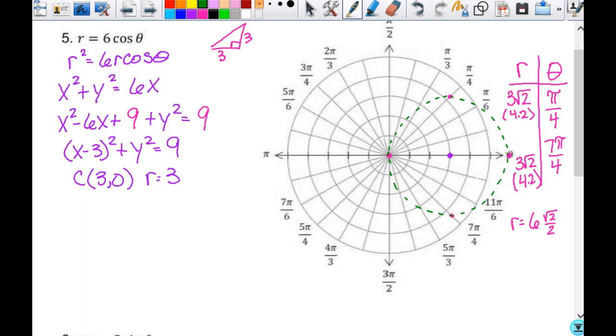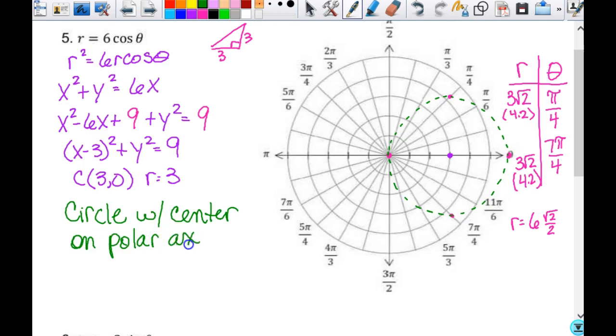Like so. All right, we're good? Now we got to describe it. So this is a circle with the center on the polar axis, and the center is how far from the pole? 3.